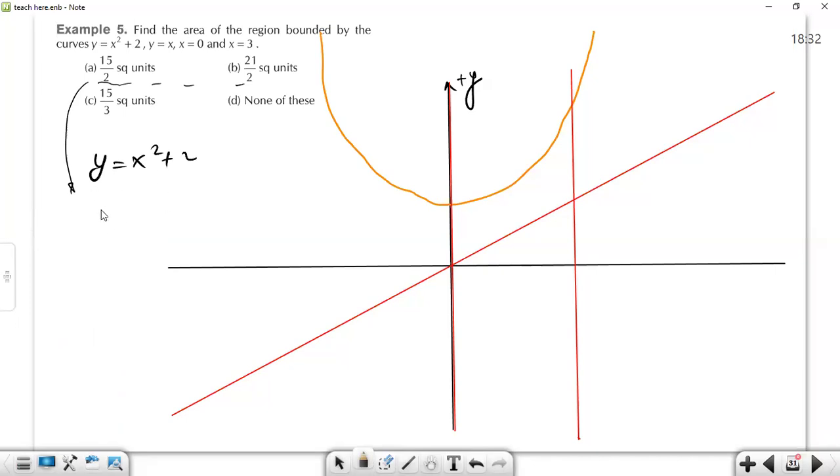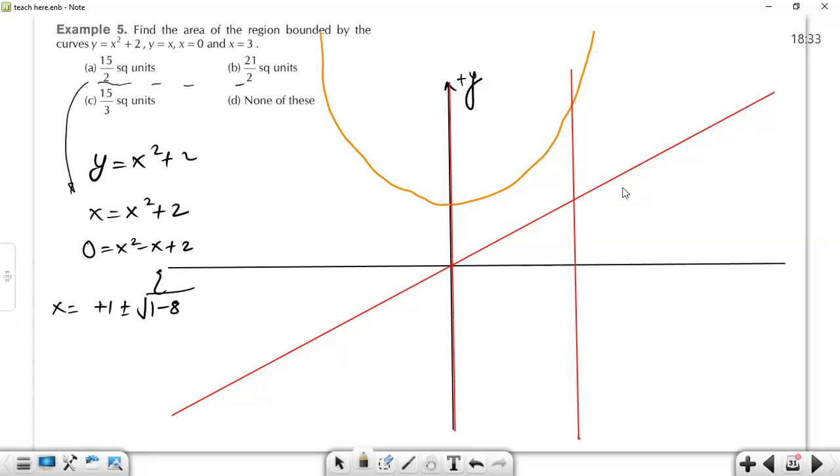First, y is equal to x, so x is equal to x squared plus 2. Solving, x squared minus x plus 2 equals 0, using the Sridharacharya formula, minus b is minus 1, so 1 plus or minus the root of b squared minus 4ac, 4 into 2 is 8. This will come out as a negative root, which means there are no values of x for which y is equal to x on this curve.